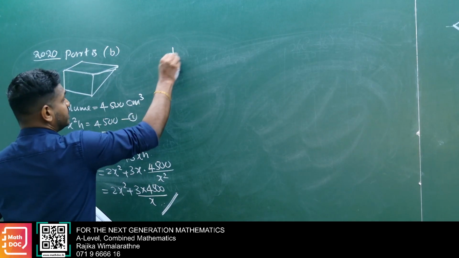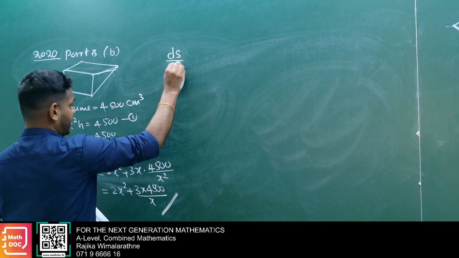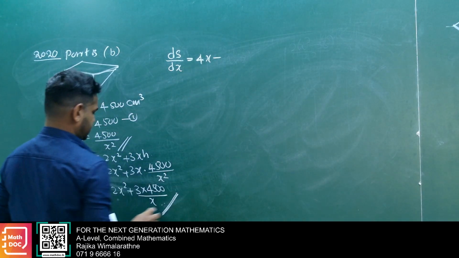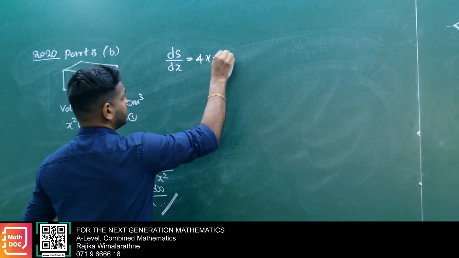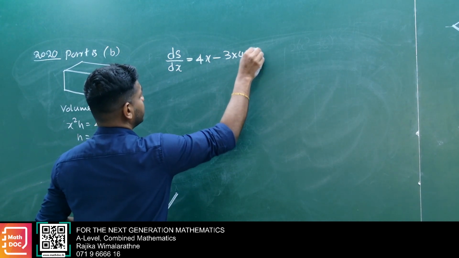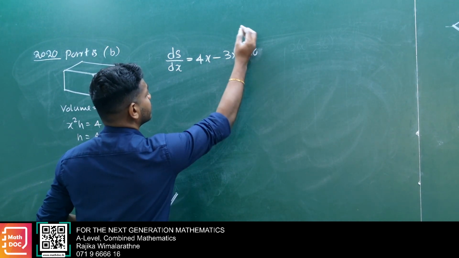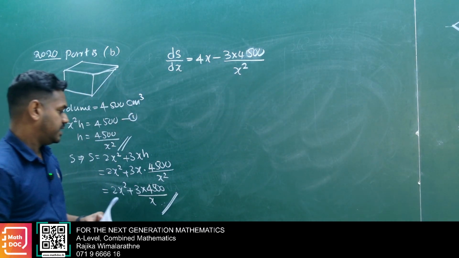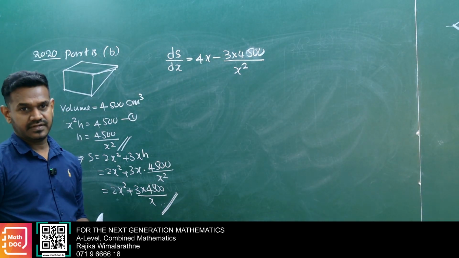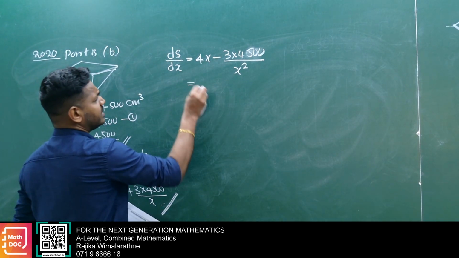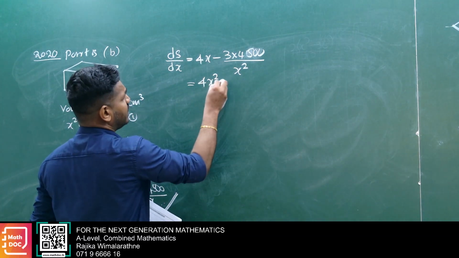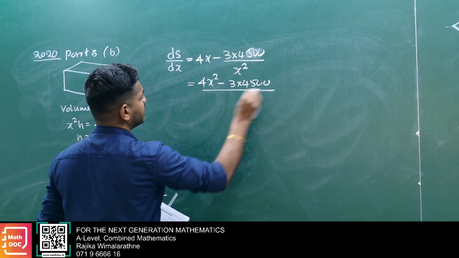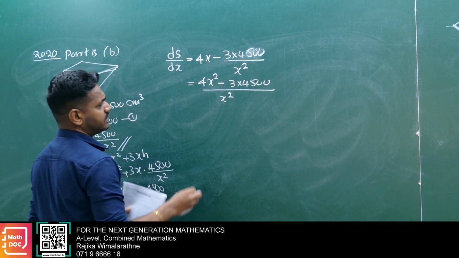Now differentiate with respect to x. The derivative of 2x squared is 4x, and 3 times 4500 times the derivative of 1 over x, which is minus 1 over x squared. Then simplify a little.